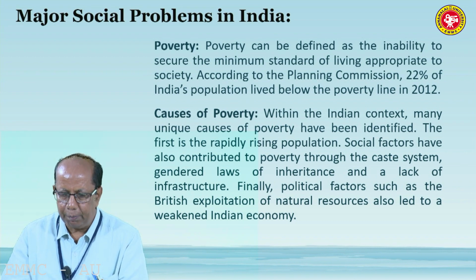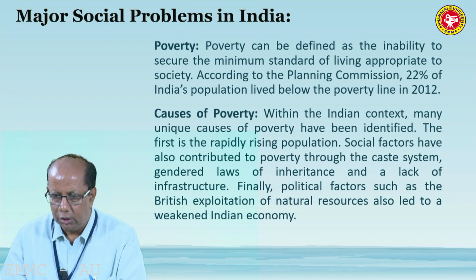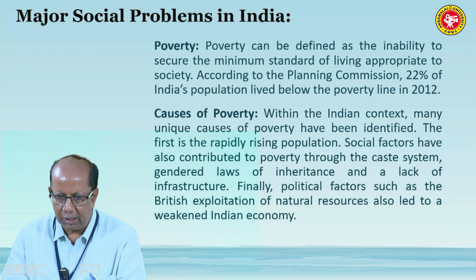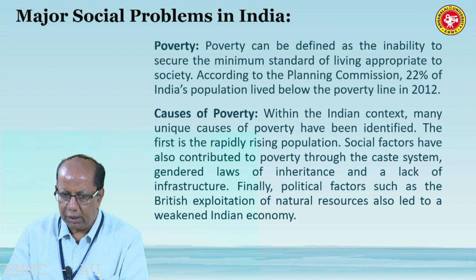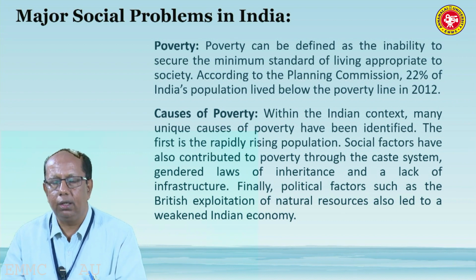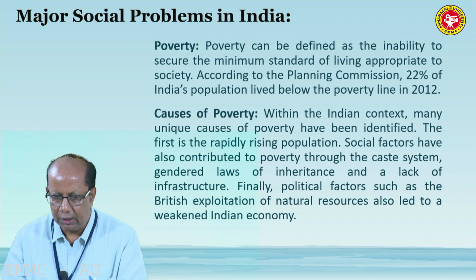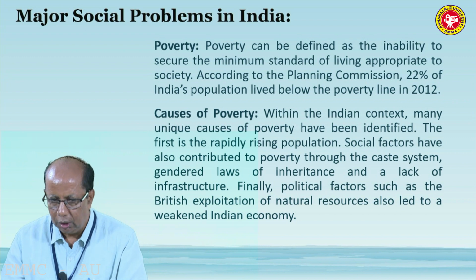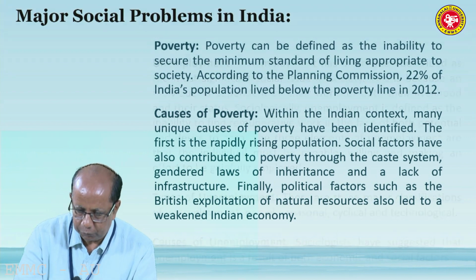The first is the rapidly rising population. Social factors have also contributed to poverty through the caste system, gender, loss of inheritance, and lack of infrastructure. Finally, political factors such as the British exploitation of natural resources also led to a weakened Indian economy.